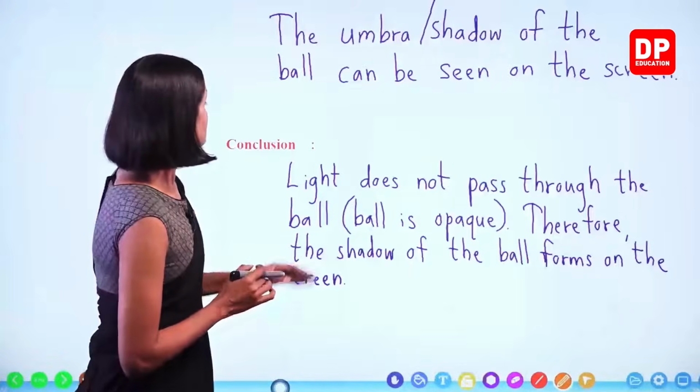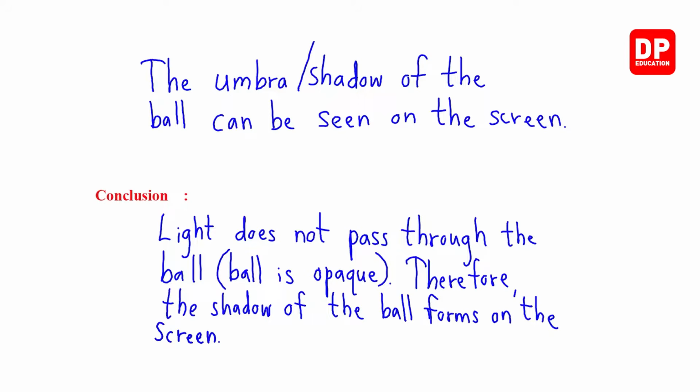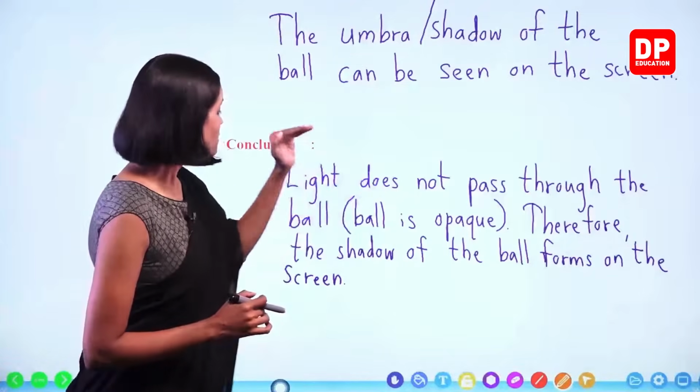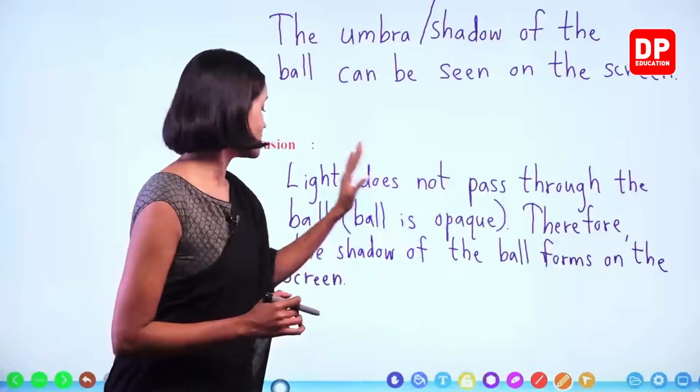Right, children? Light does not pass through the ball because ball is opaque. Therefore, the shadow of the ball forms on the screen.